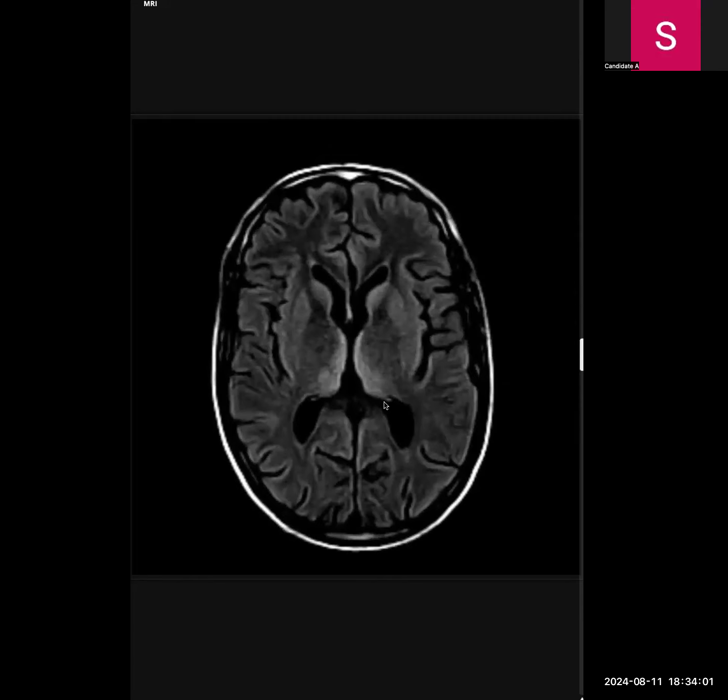So in this, I would like to correlate with the history of the patient. If the patient has a history of chronic alcohol consumption, this could be a case of Wernicke's encephalopathy. Other than that, if there is a sudden deterioration in the neurological status, I would also keep a differential of Creutzfeldt-Jakob disease, CJD.